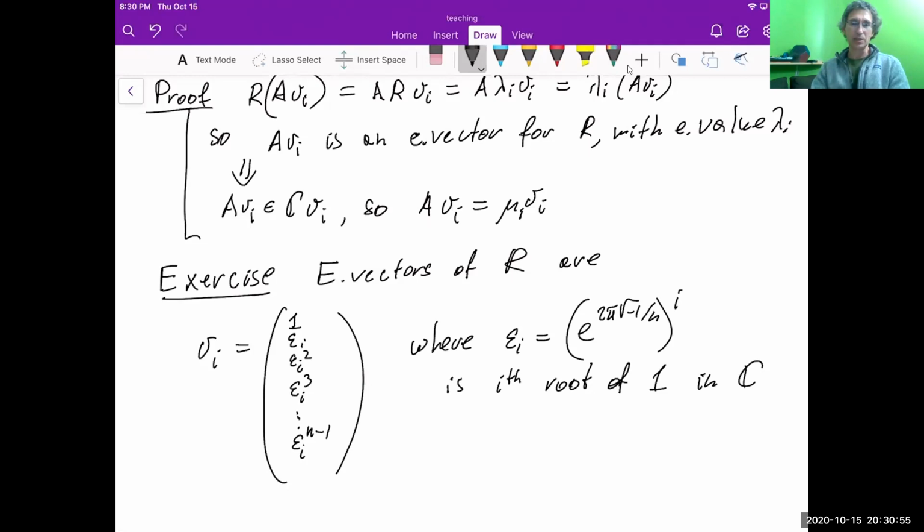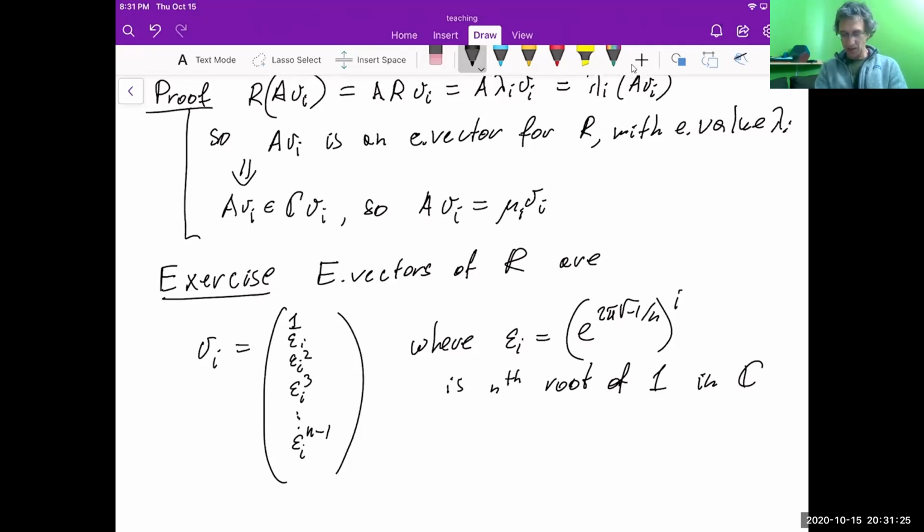And here is the answer. Yes, you can easily diagonalize your operator R, namely, if you look at a vector which looks like this, just powers. So if you take an nth root of unity, so there are many roots of unity of given degree.